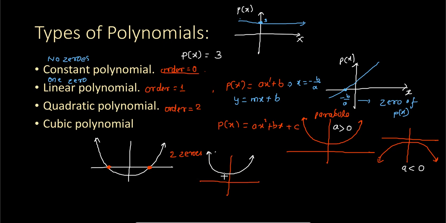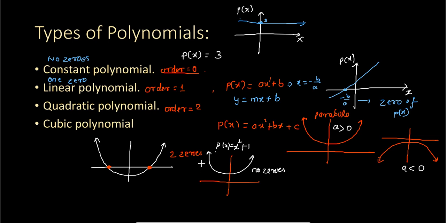So in this case, we end up with no zeros, because it is not intersecting the x-axis at all. So we say that this quadratic polynomial does not have any zeros, right? It is just like x² + 1, like we did in the previous slide, that this polynomial x² + 1 does not have any zeros. So it is not intersecting the x-axis at all. There is no point of intersection of p(x) with the x-axis.